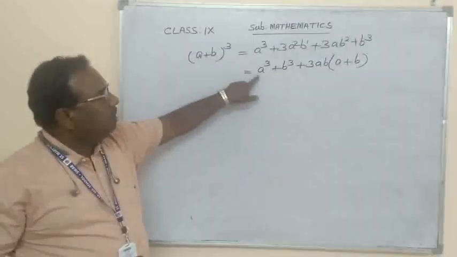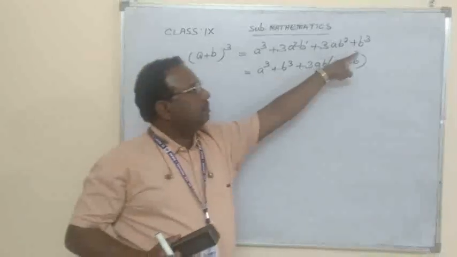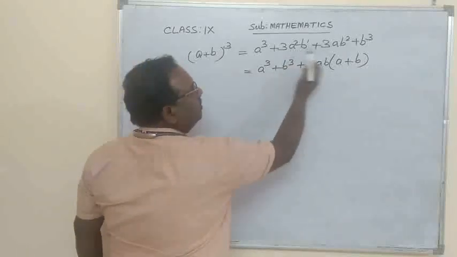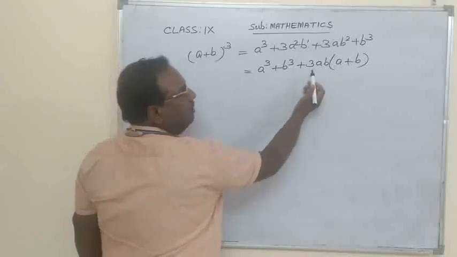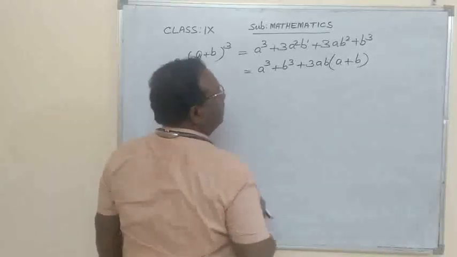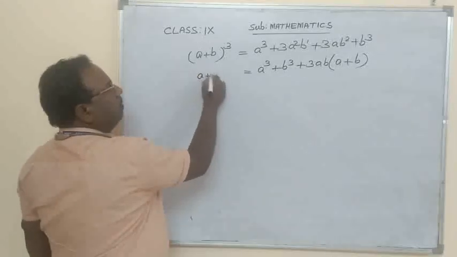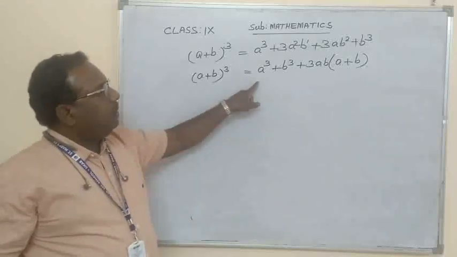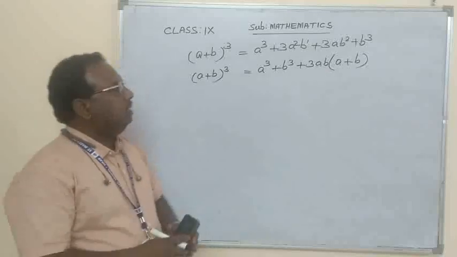This a cube is the first term itself, b cube is the last term, and from the second and the third terms we take 3ab common factor, so that we get 3ab into (a plus b). That is, (a plus b) whole cube is equal to a cube plus b cube plus 3ab into (a plus b).